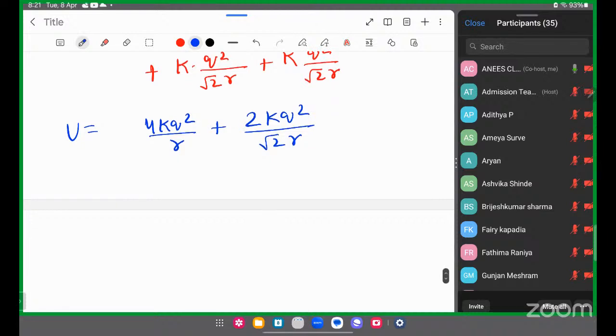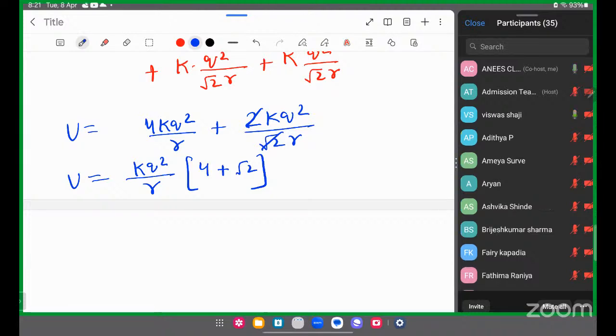If you take k q square by r common, we are left with 4 plus root 2. Am I right? Yes, sir. And the unit will be Joule. Understood?